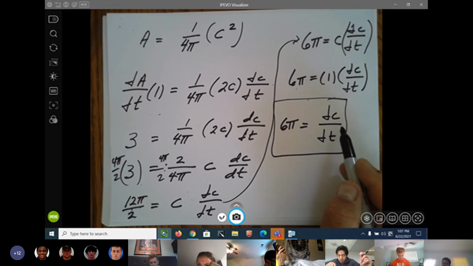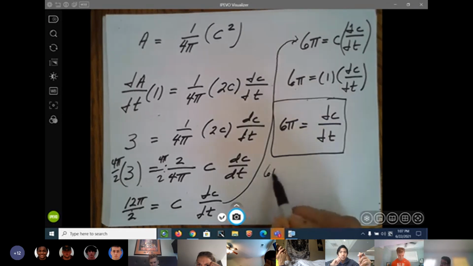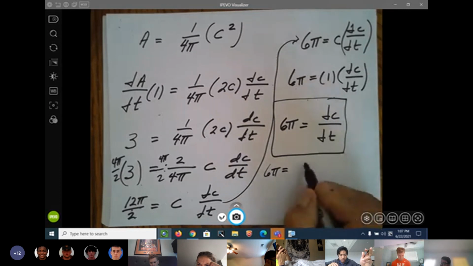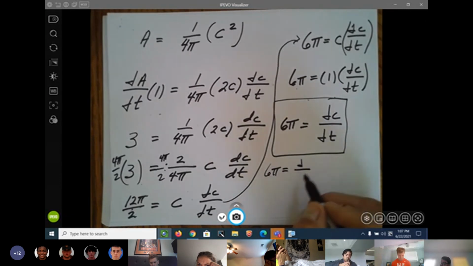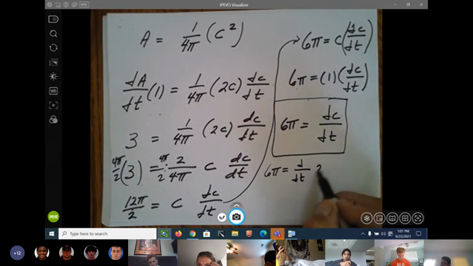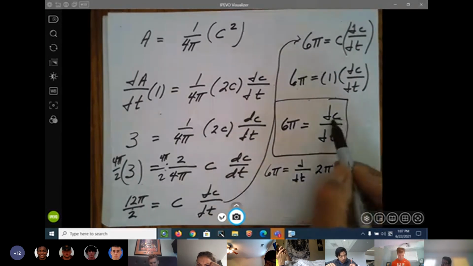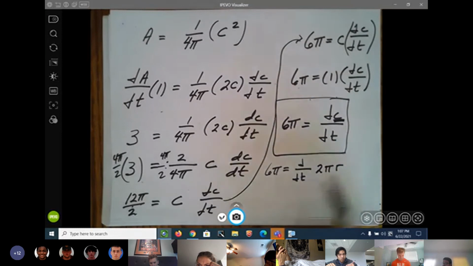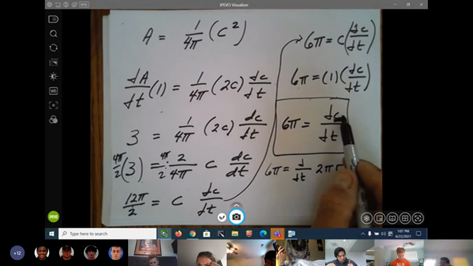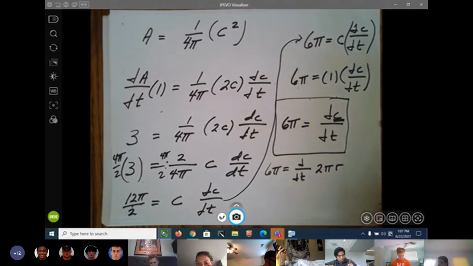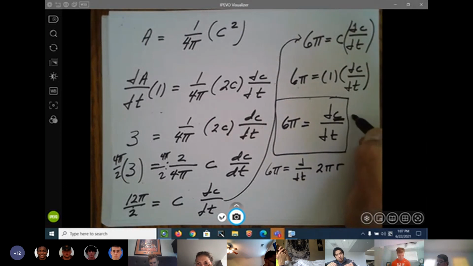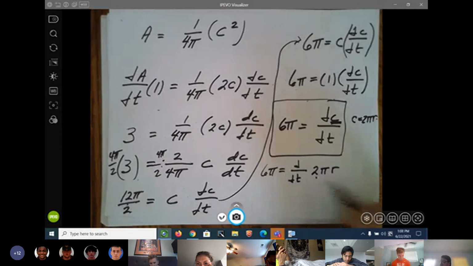So we're going to take the derivative of 2 pi r. So 6 pi is equal to the derivative of 2 pi r, because that's the derivative of the circumference. You could put circumference is equal to 2 pi r right here, and then put that right there.